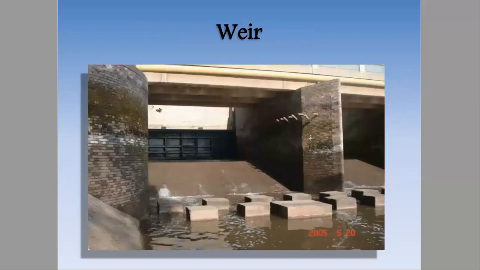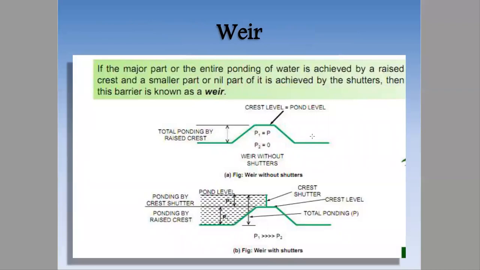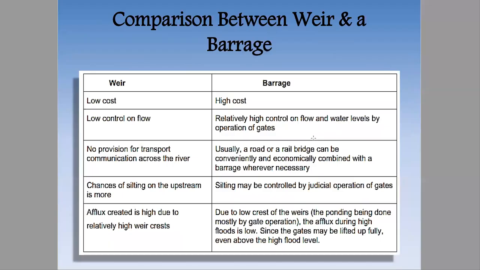Basically weir doesn't have gates and barrage has, or means most of the ponding effect in weir is controlled with raised crest, and in case of barrage most of the ponding effect is controlled with gates. And there may be gates in weir also, but only a smaller portion. But in case of barrage, there may be raised crest to a smaller extent or absent. So this is the difference between weir and barrage.